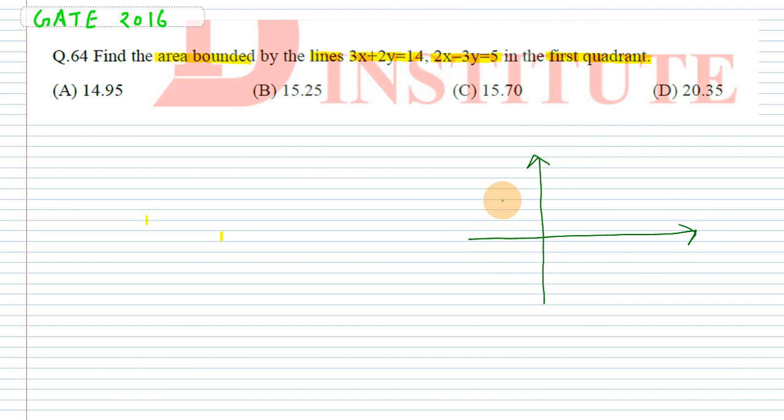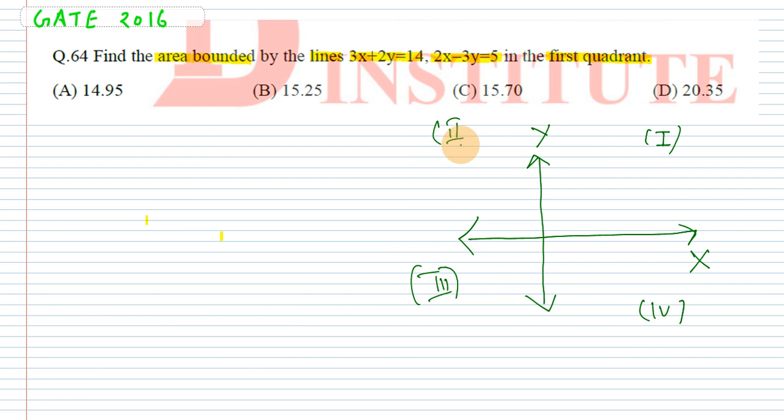Okay, so we know that this is basically a Cartesian coordinate system, and this is the x-axis and this is the y-axis. This is the first quadrant, second, third and fourth, right?